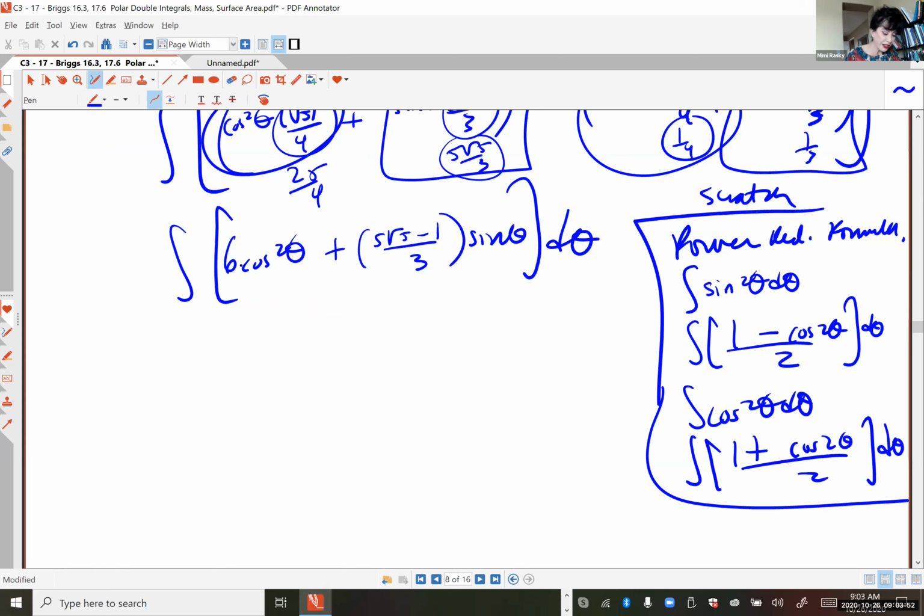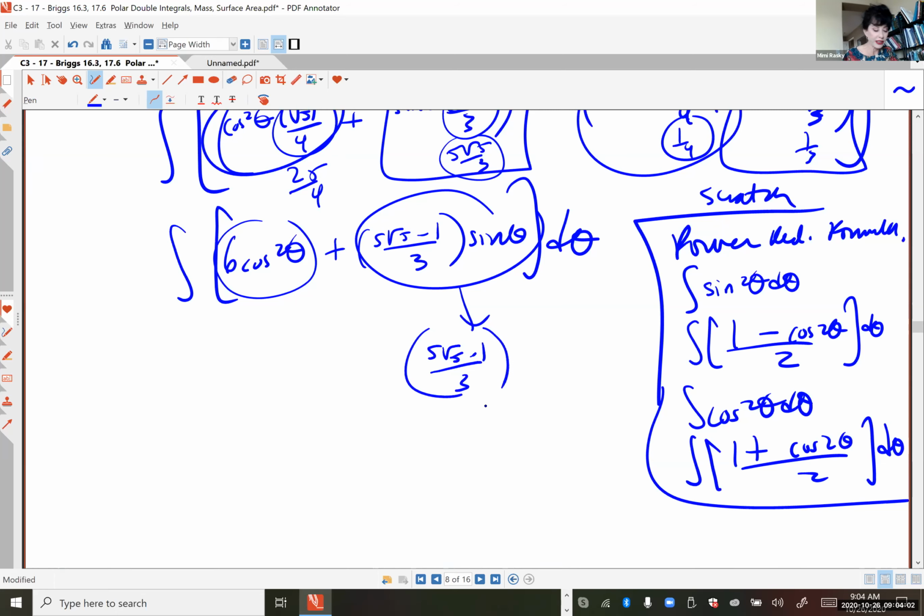So this term here, you're going to need the power reduction formula, the cos one. This one, no power reduction needed. You're just going to go, okay, what is the antiderivative of sine theta? Is it plus or minus cos? Minus. So we're going to have that, and we'll evaluate that between 0 and 2 pi in a second. But over here, you're going to first go, oh, I've got to go 1 plus cos 2 theta over 2 and deal with that.